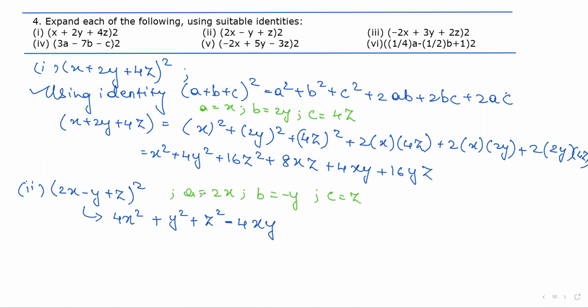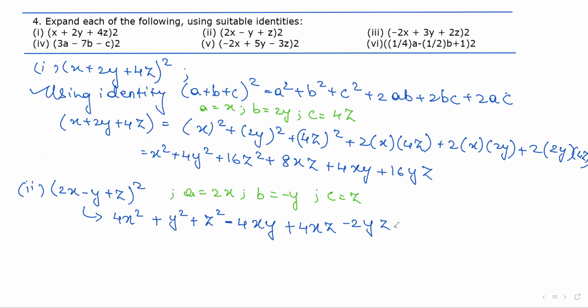Next term is plus 2ac, plus 2 times 2x into z, which is 4xz. Plus 2 times bc, which is minus y into z, so minus 2yz.